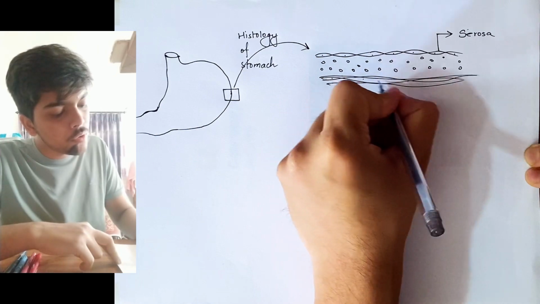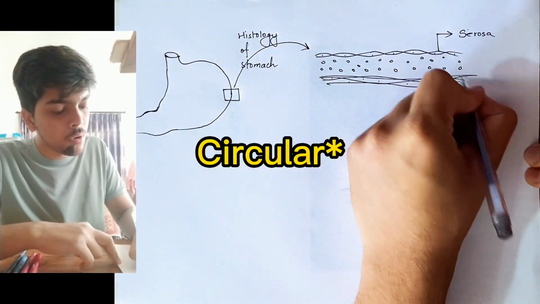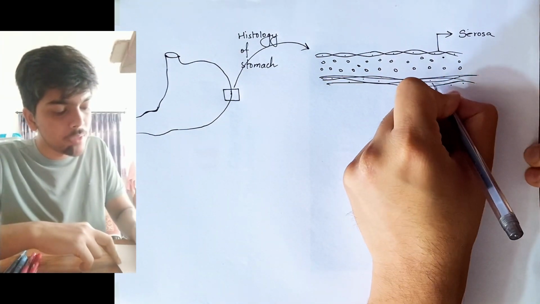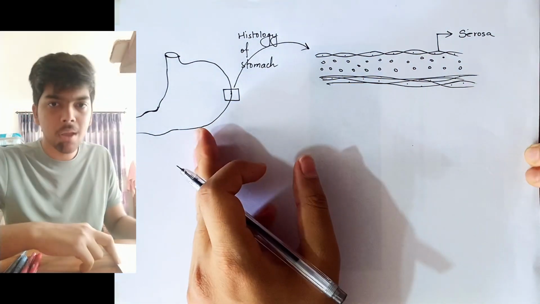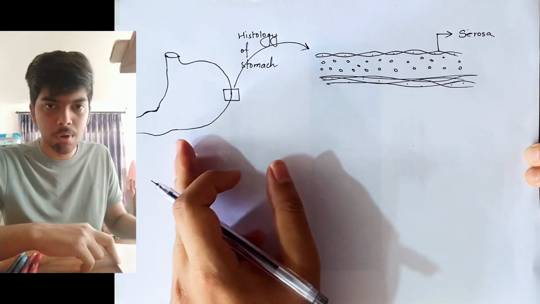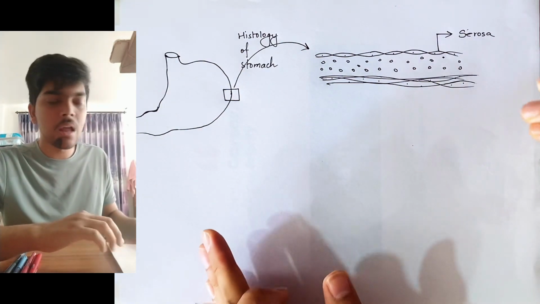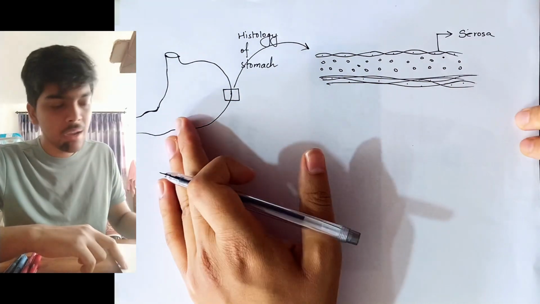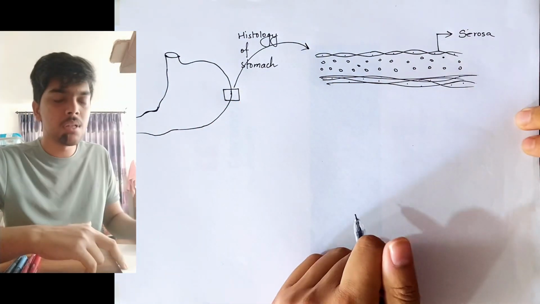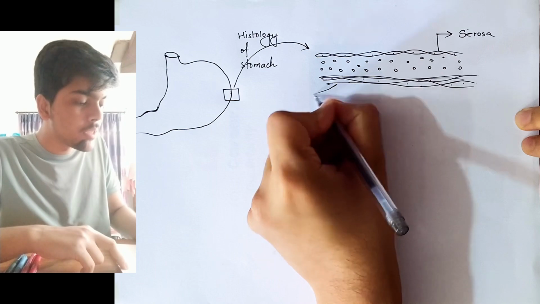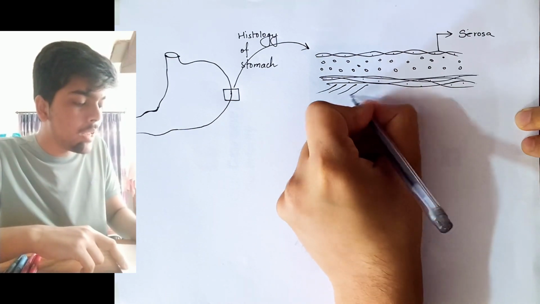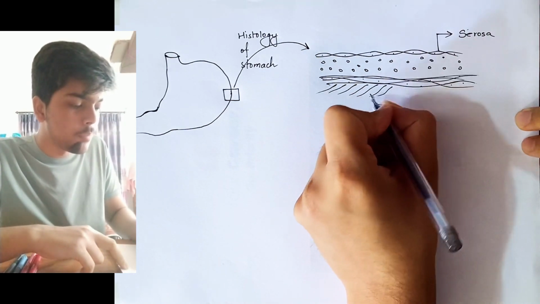So the outer longitudinal muscle and the inner circular muscle, they both together form the second layer called muscularis. However, in case of stomach, and only in case of stomach, throughout your alimentary canal, there's one more layer of muscle present right after the inner circular muscle, where the muscles are arranged obliquely, so-called oblique muscles.